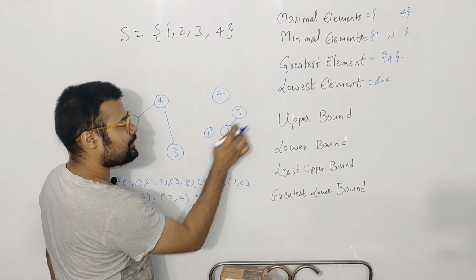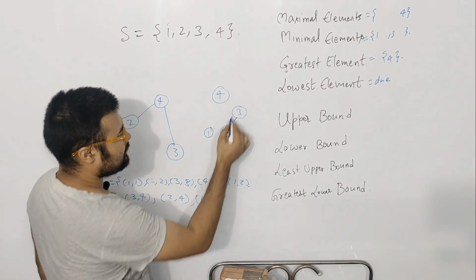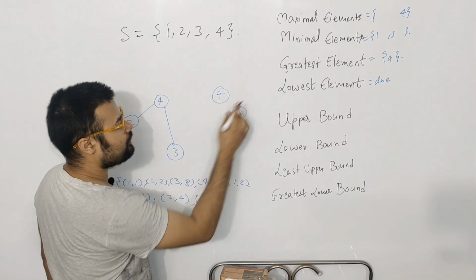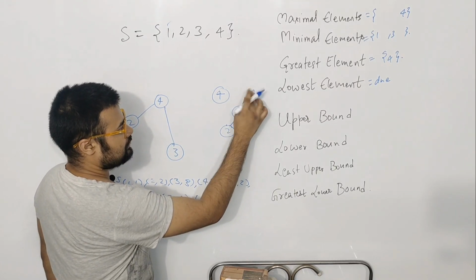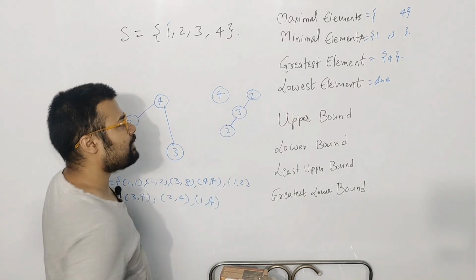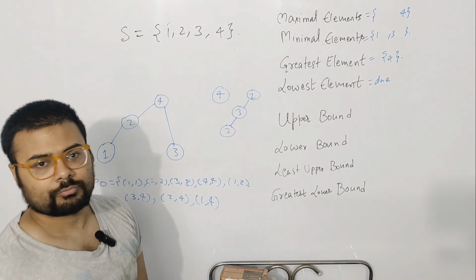Now 2 is not a maximal element, but 3 is a maximal element. I don't want that. So let me connect 3 and 1. Now 1 is a maximal element, so I have to connect 1 to 4.